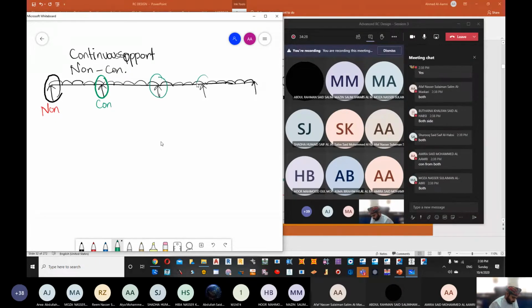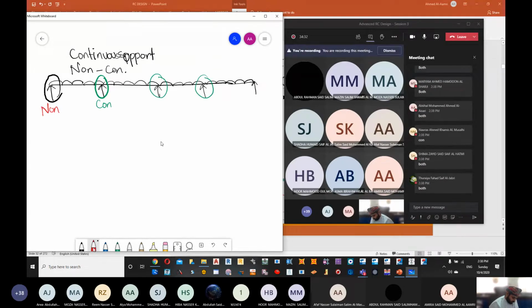So three supports are continuous, and the two outer supports are non-continuous.